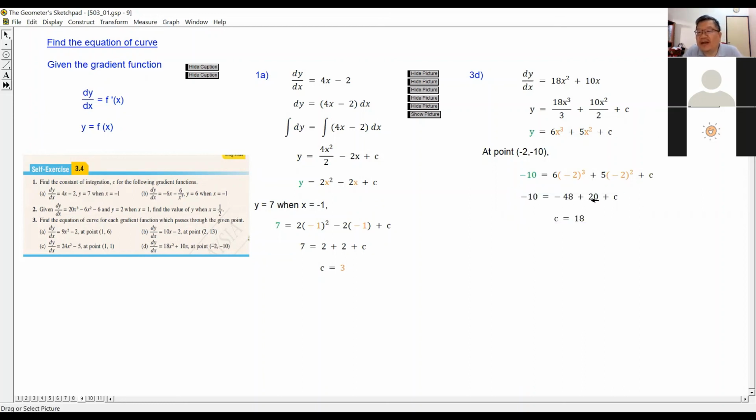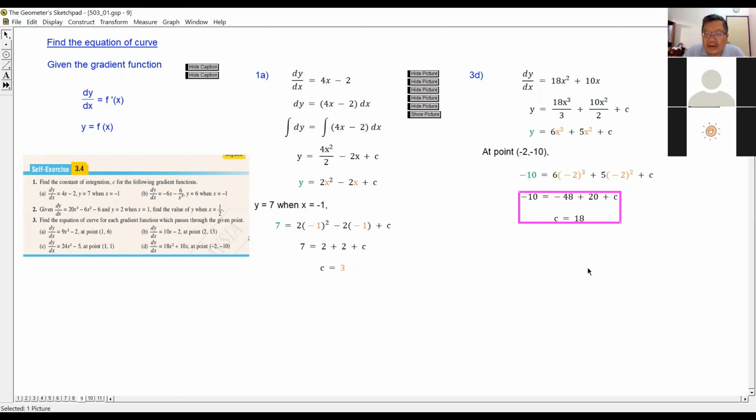So negative 10 equals negative 48 plus 20 plus c. So this is negative 28. Negative 28 moves over to the other side, positive 28. Then 28 minus 10 is 18. So earlier on, we stopped here after finding the value of c.